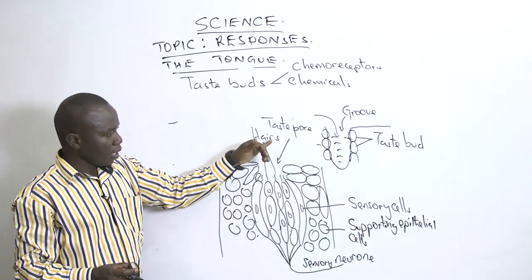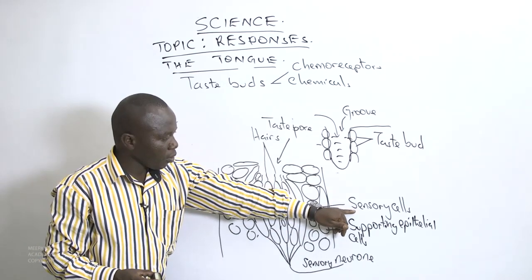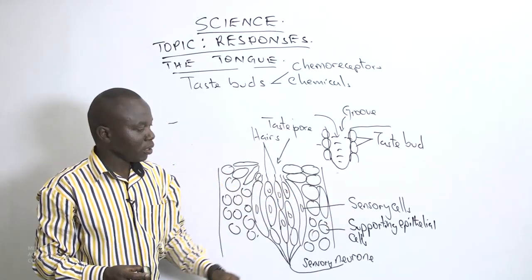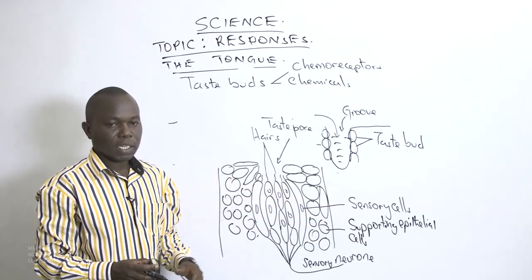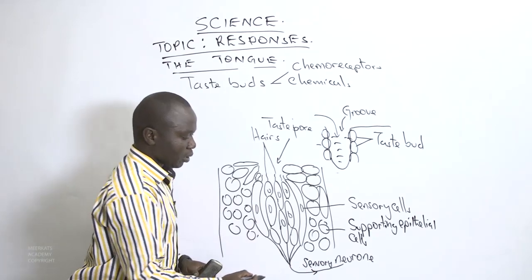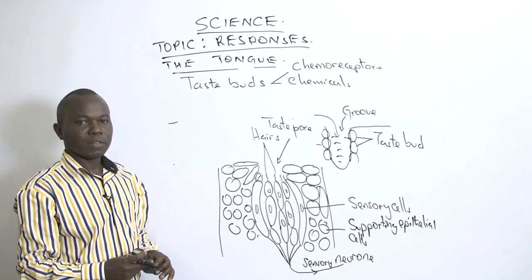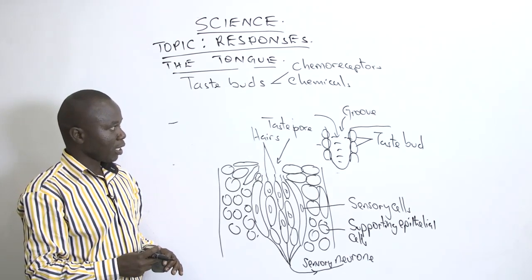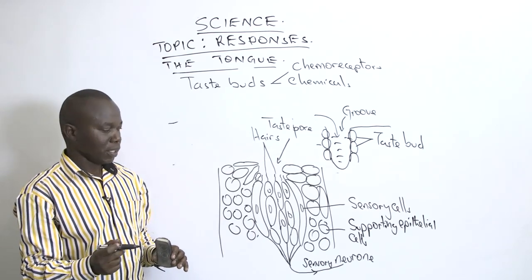And those hairs in the taste pores will make the sensory cells be stimulated, and in the process, there will be generation of a nerve impulse. That nerve impulse will be transmitted to the part of the brain that is involved in tasting. That part of the brain, we identified as the cerebrum.